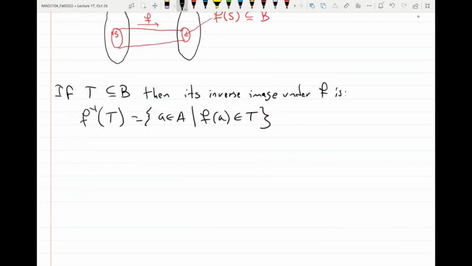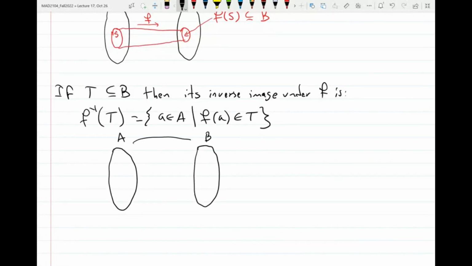So again, let's do a little picture for that. Here is our A, here is our B, and we have our function going this way. Now this time, we are starting with a subset of B, over here, T, and then we're wondering, are there any elements? What are the elements in A that go into T? If any, there could be none, and this could be empty.